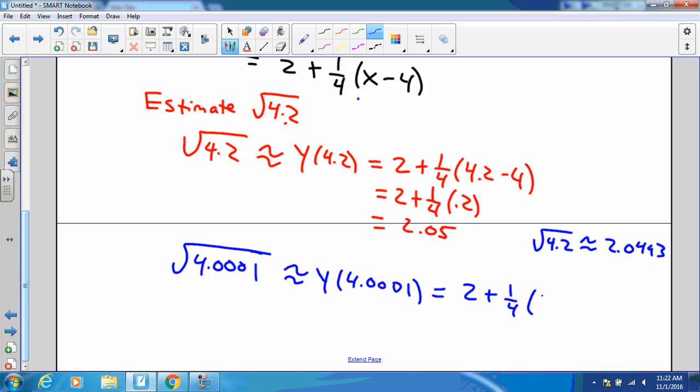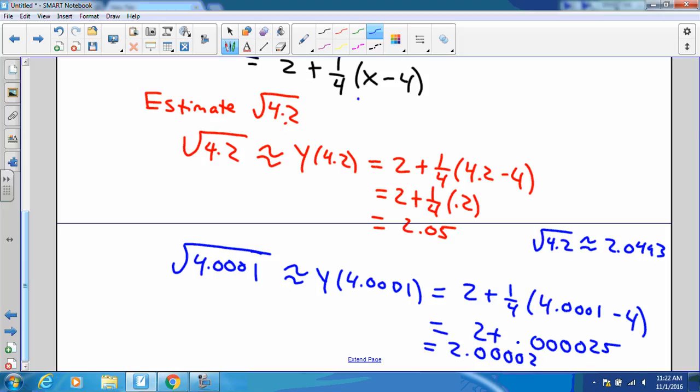We can plug it into exactly the same straight line equation and then simplify. 1/4 of 0.0001 is 0.000025, so my square root is 2.00002.